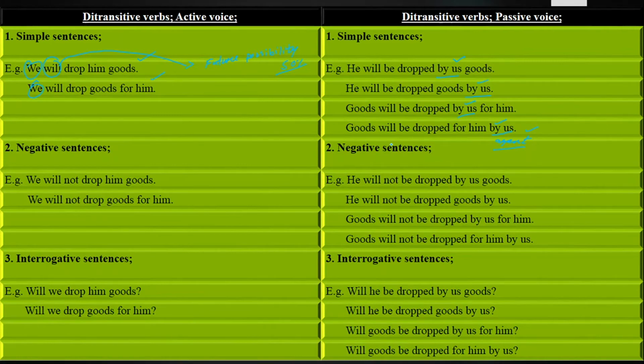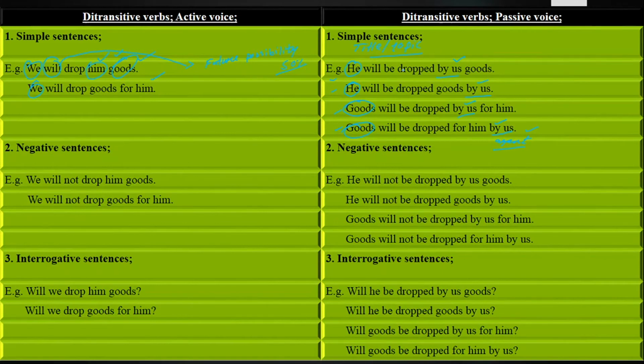And when you bring an object, whether indirect or direct, indirect meaning living and direct meaning non-living, in the place of subject, him, you make he in first and second sentences, and goods as it is in third and fourth sentences. They are called subject, but not the doer of an action; they are the title and topic subject.